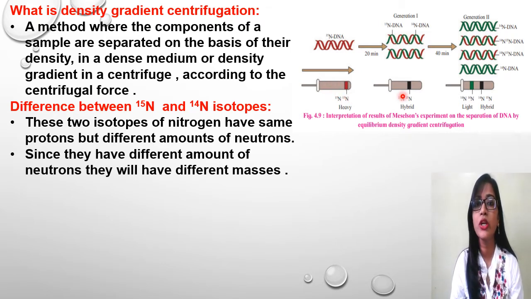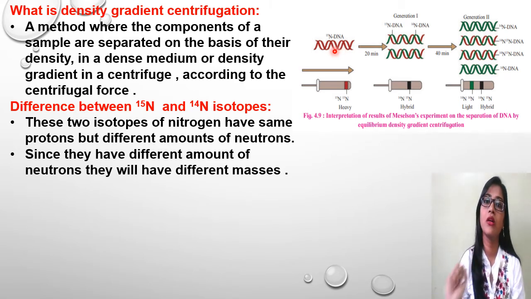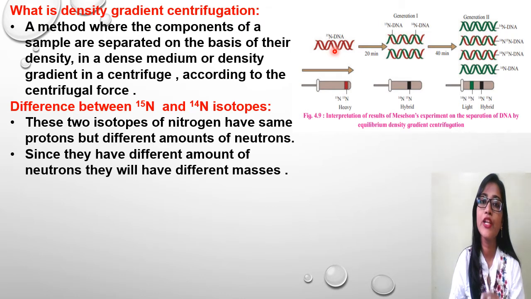You can observe the difference between the first, second and third test tubes. Now observe this first DNA strand, it contains only N15 type of DNA. The DNA shown in this diagram contains only the N15 isotope.